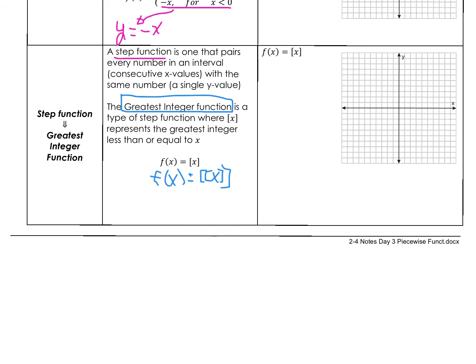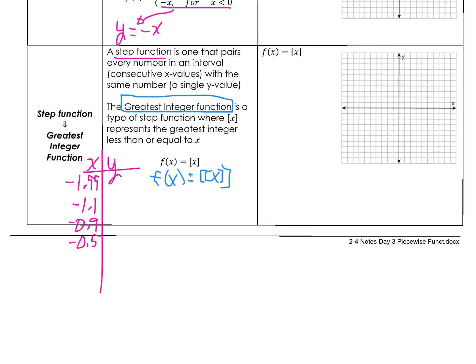I'm going to give you a table of values that I want you to write down. Over here on the left, let's say we're looking at a table of values for x. We have -1.99, and then -1.1, and then -0.9, and -0.5.